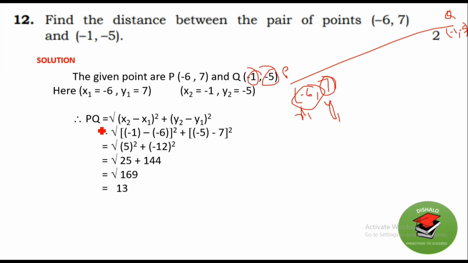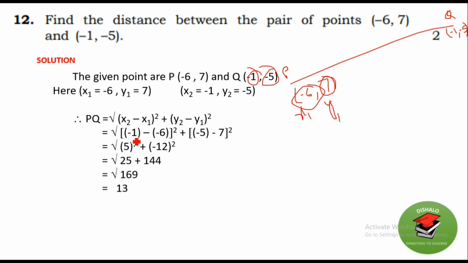So PQ equals the formula root over x2 minus x1 whole thing square plus y2 minus y1 whole thing square. So what is x2? x2 is -1 minus what is x1? -6. So don't forget to put this within bracket, whole thing square plus y2 is -5 minus 7 whole thing square.